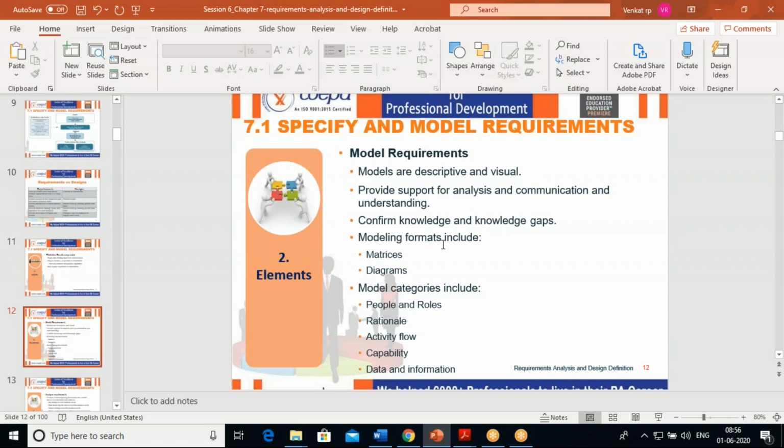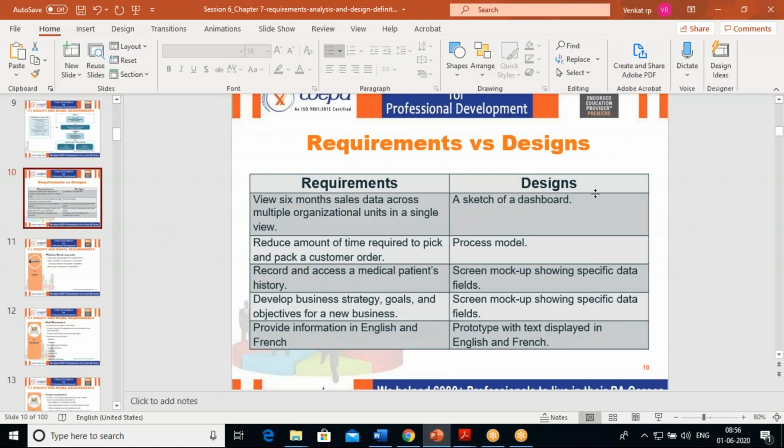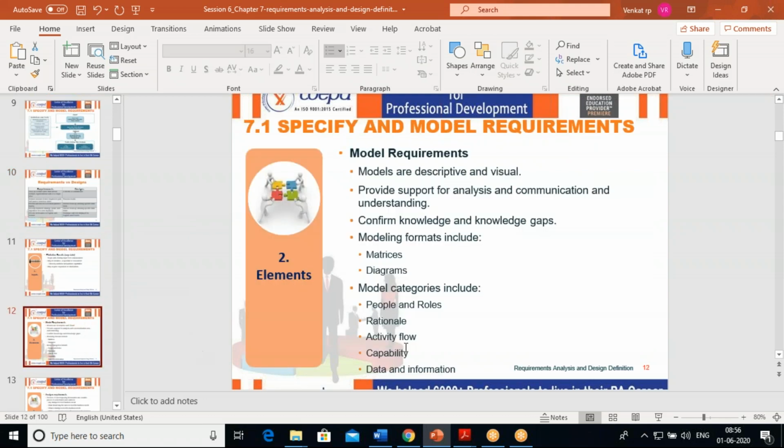And modeling formats, if you see, number one, we can come up with matrices, and number two, we can go with diagrams as well. Matrices means a matrix format, like requirements and designs. And diagrams, I've already shown: process flow diagrams, activity diagrams, business flow, business process models, all these are diagrams. You got me?